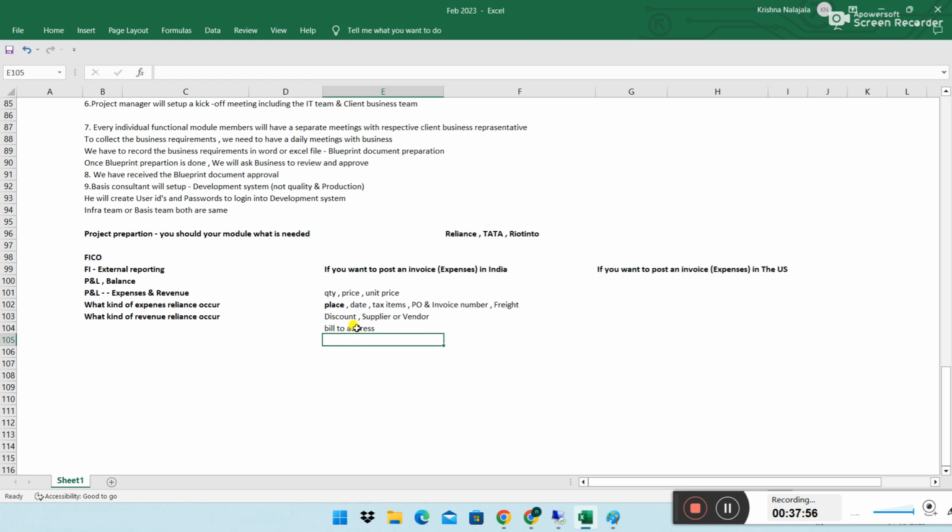Now let's talk about why I'm asking. The place will decide whether the particular action in the invoice has happened in India or other than India. If you have the importance of a place, then you will start asking Reliance in how many places, where place is nothing but the countries you do business in.